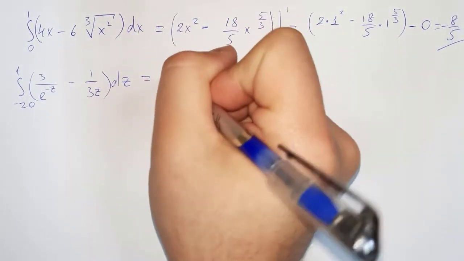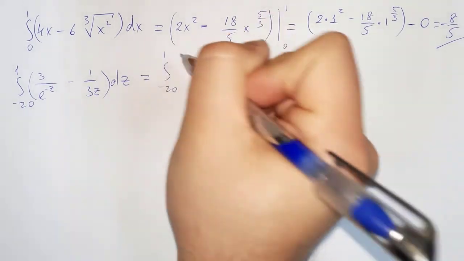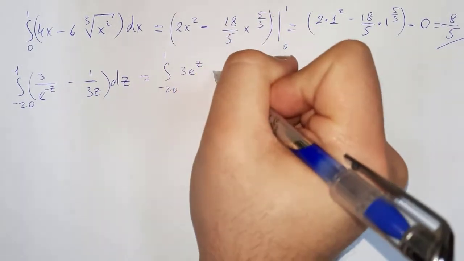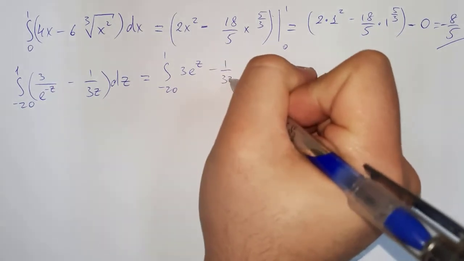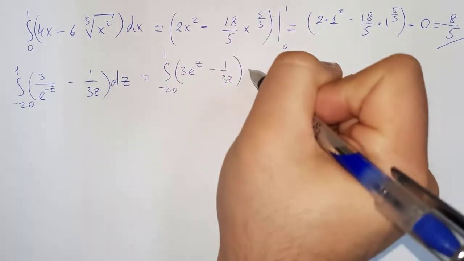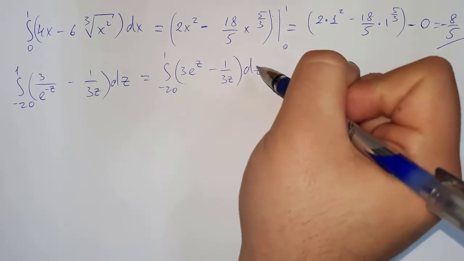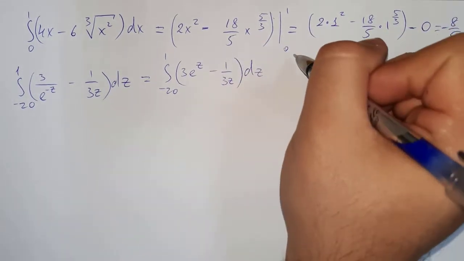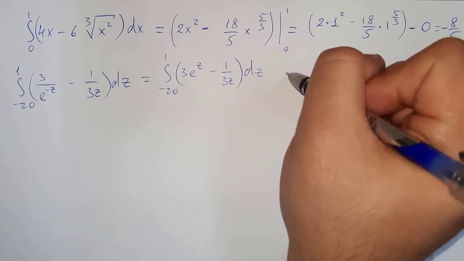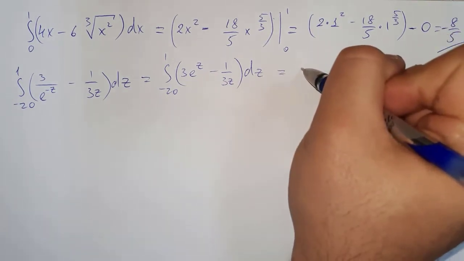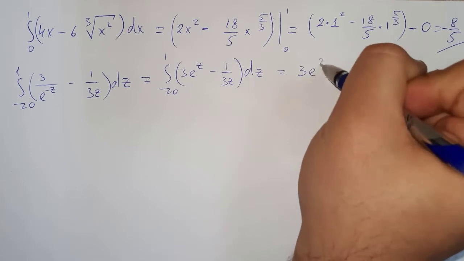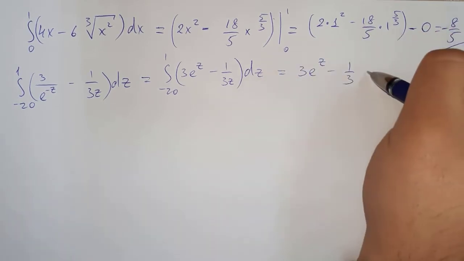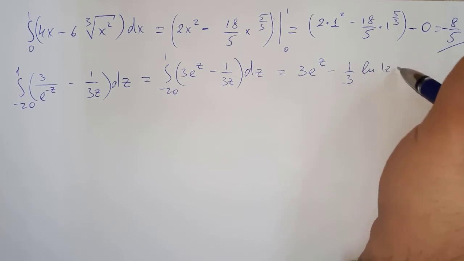So we can write this as the integral from minus 20 to minus 1 of (3e to the power of z minus 1 over 3z) dz. Instead of x we have z, our variable is z. So the primitive of this function is 3e to the power of z minus 1 over 3 times the natural logarithm of z.